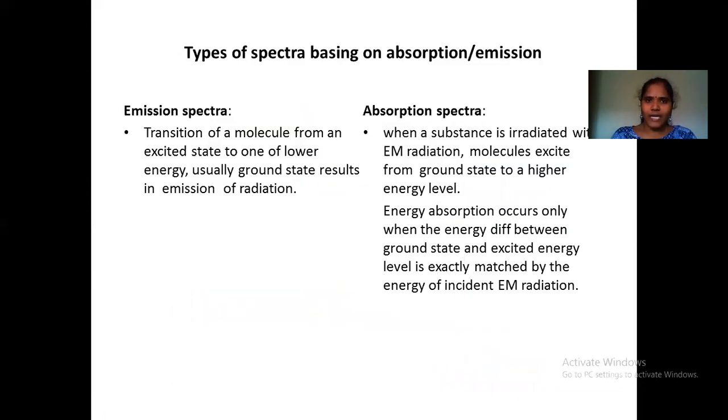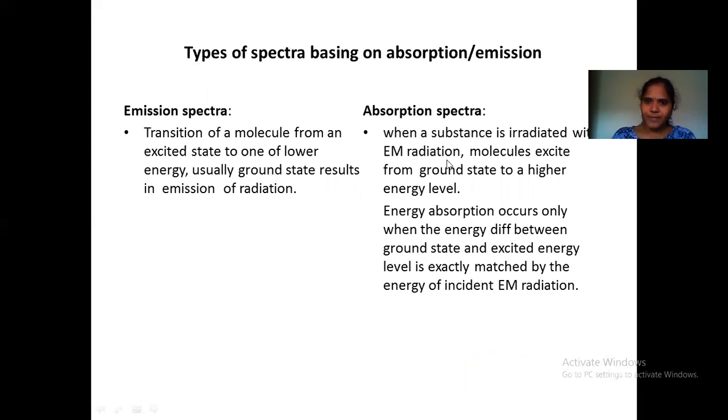There are different types of spectra based on absorption or emission. The emission spectrum is about when radiation is irradiated onto a sample or molecule, it absorbs and excites, and after some time it releases that energy and moves back to the ground state. That emitted radiation can be recorded using an instrument, and that spectrum is called the emission spectrum.